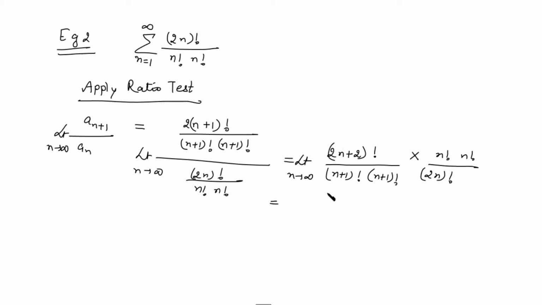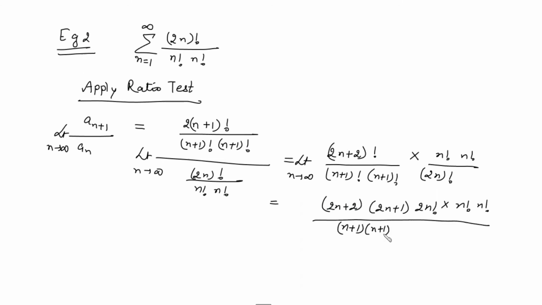Now just see, from here you can take 2n plus 2 outside, 2n plus 1 outside, then you will have (2n)!, the same n! in the denominator. You have n plus 1 into n! into (2n)!.